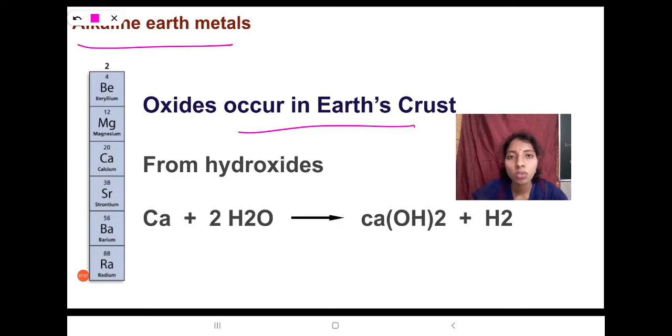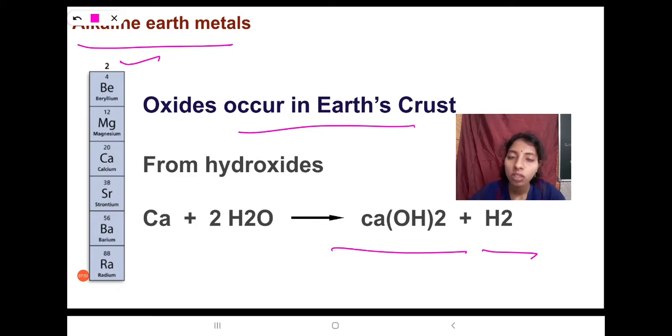And these elements also, when they react with water, form hydroxides and release hydrogen gas. And we know for these elements the valency is 2. That means these elements release 2 electrons, so the transfer of 2 electrons takes place.